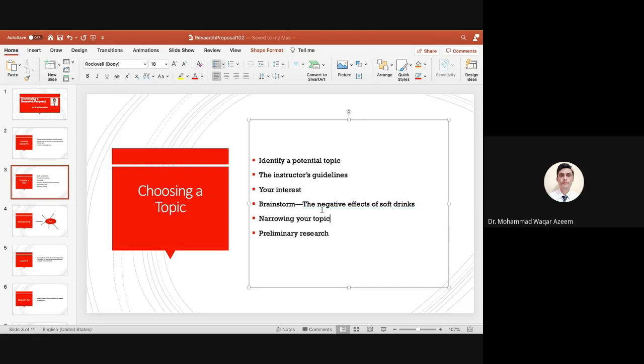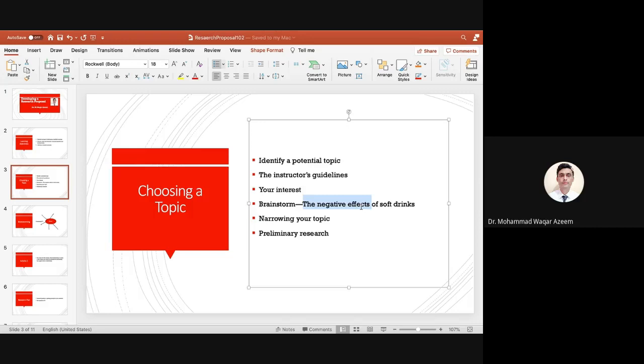One, it says the negative effects. There is such a big variety of negative effects. There could be negative effects on body, on health, physical health, negative effects on psyche, on behavior of people, on relationships, on academic performance, on athletics, so on and so forth.